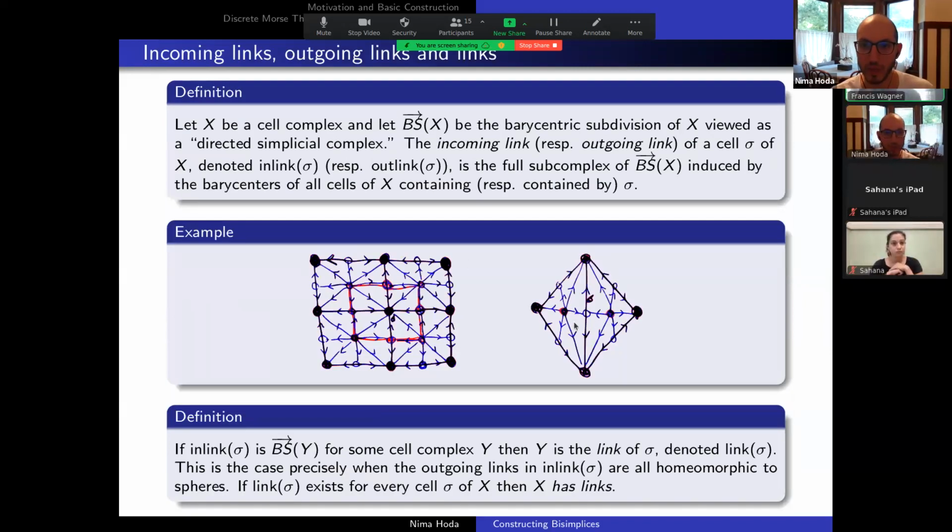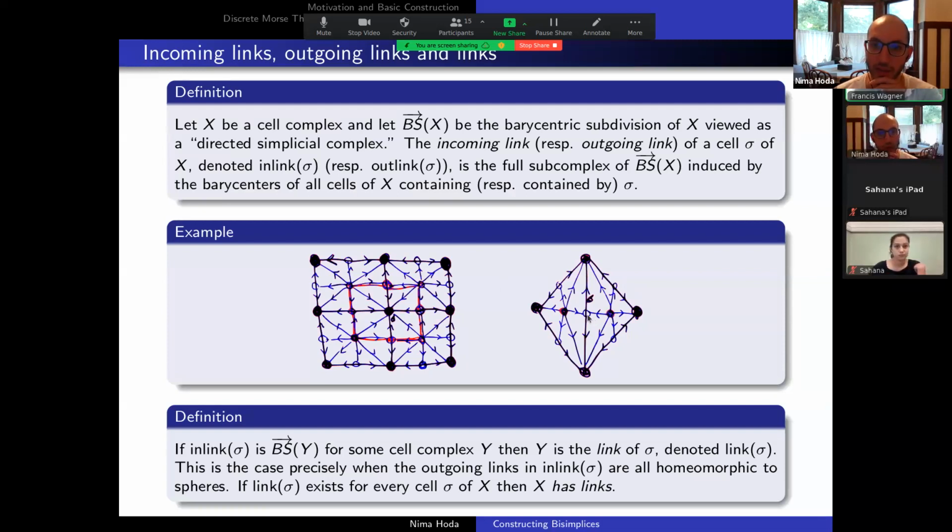So we could look, say over here, at the link of the cell sigma. Actually, I just realized that I didn't describe what this is properly. This is actually two triangles joined at a single edge. If we take the barycentric subdivision, the incoming link of sigma is these two red barycenters over here.